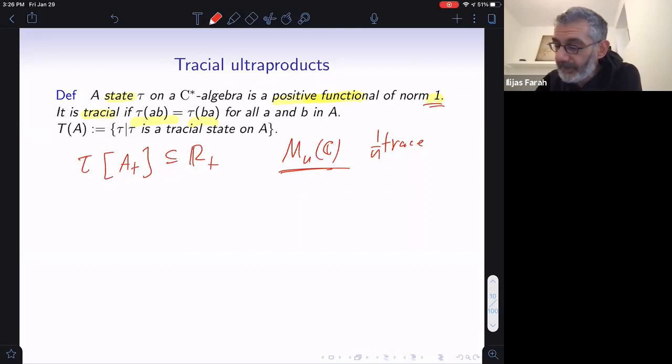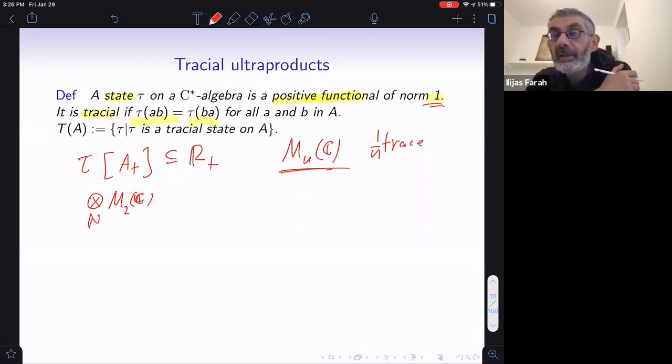Another example of a tracial C-star algebra is a tensor product of M2s. Nothing special about number 2 here, of course, right? The so-called CAR algebra. The tensor product of tracial states is a tracial state. This algebra also has a unique tracial state. But sets of tracial states can be much more complicated than that.